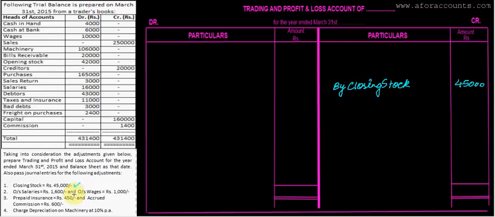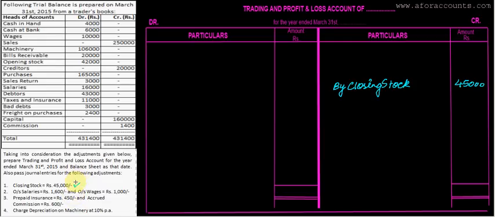Closing stock has always to be valued at cost or market price, whichever is lower, or cost or net realizable value, whichever is lower. If you go to the market and sell something and you are not even realizing your cost, so whichever is lower is important. Net realizable value, if it is lower than the cost, record it at net realizable value and not at cost.